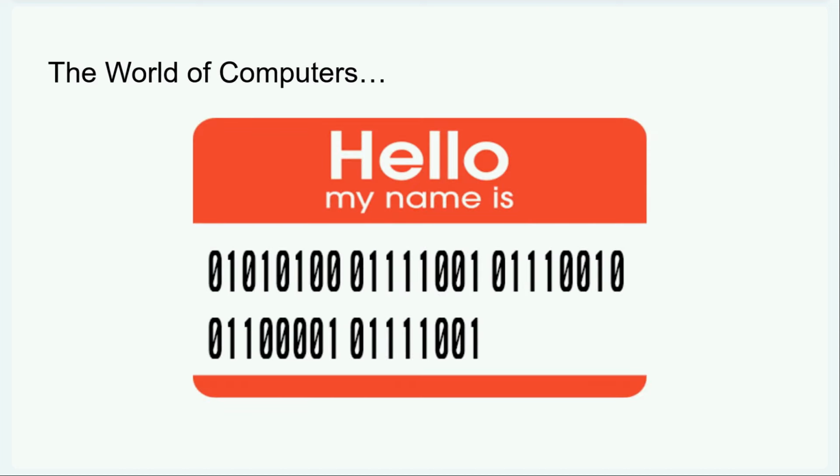So before we get into the meat of the matter, let's understand a few things first. In the world of computers, everything is binary, right? Whether you want to represent a number, a text, an image, a video, whatever it may be, everything at its core is represented as binary.